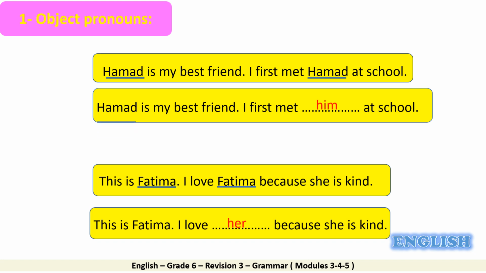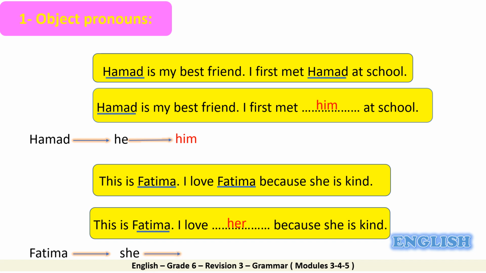So Hamad can be interchanged with the subject pronoun he, as it is a subject in the sentence. So he becomes him. In the second sentence, Fatima can be interchangeable with the subject she, and she becomes her.